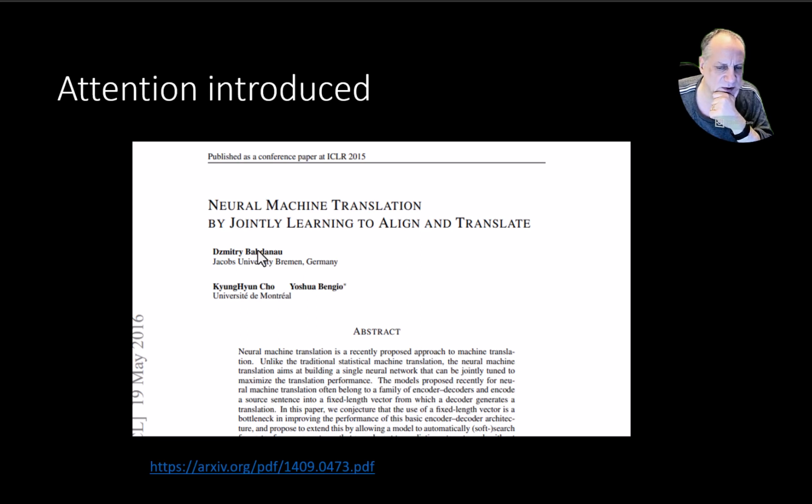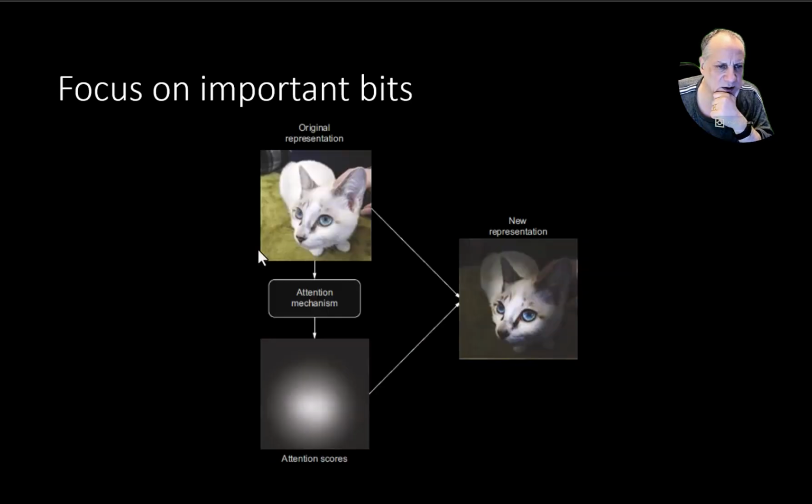2015. So the idea is that you have your original representation, and if we're looking for some kind of classification of this, maybe we have a way of figuring out what parts of the image are going to be important to look at in order to identify the object in this image, which is a cat, obviously.